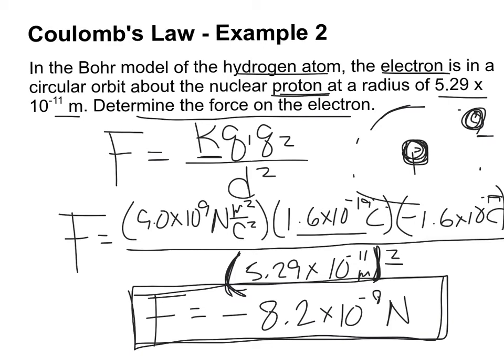This is a pretty small amount of force, or at least it kind of seems small, 10 to the negative 8 newtons. But don't forget that these are subatomic particles. This is a proton and electron. Their masses are incredibly small. A proton's mass is about 10 to the negative 27 kilograms. So the amount of acceleration it would experience would be ridiculously large given this amount of force on it.